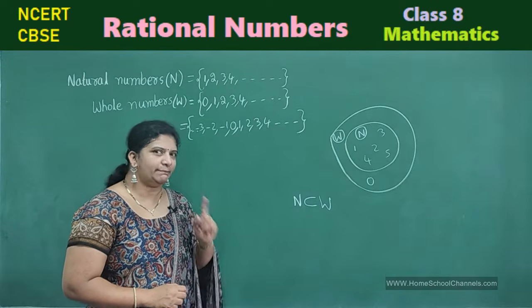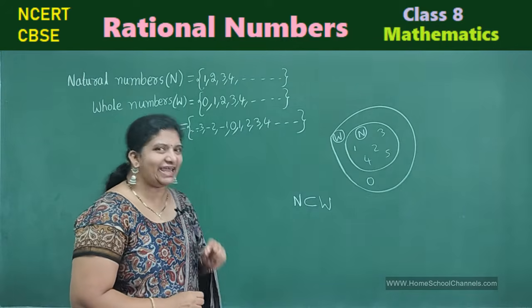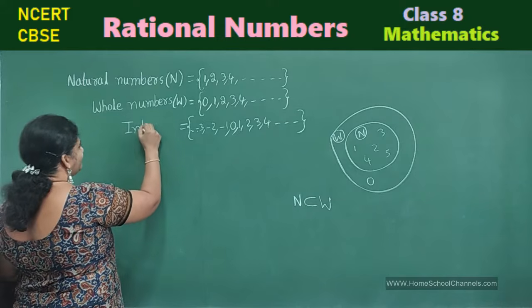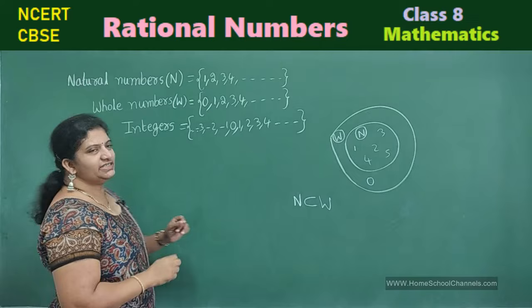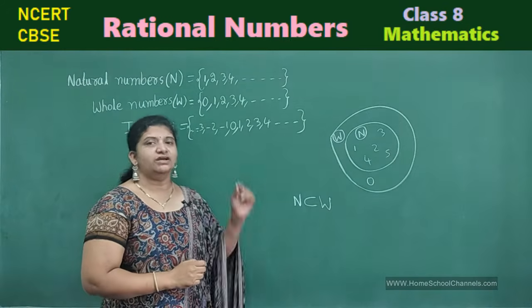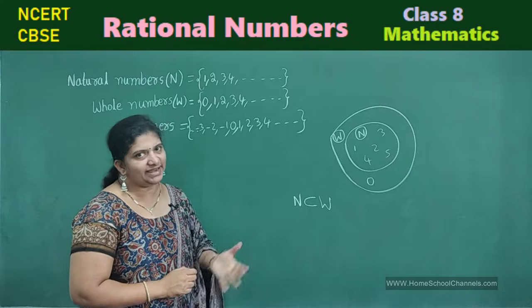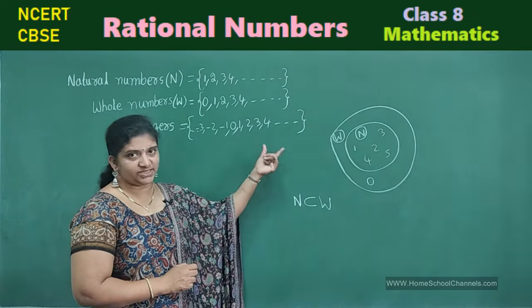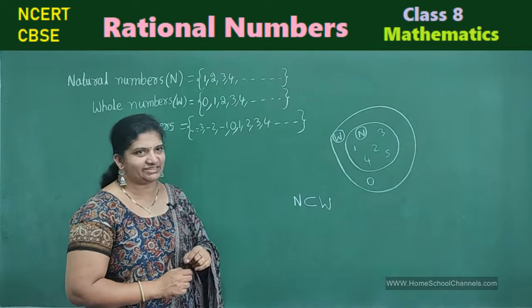You had one complete chapter in your previous class, that is integers, right? Integers. What are integers? Whole numbers and negative numbers are called integers. Or 0, positive numbers and negative numbers are called integers.